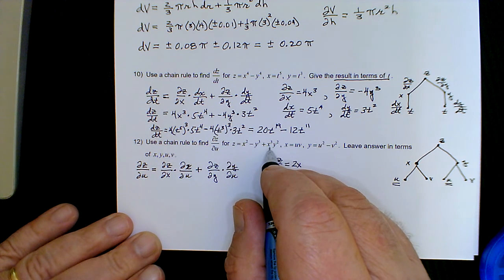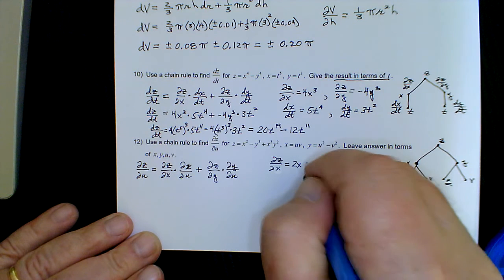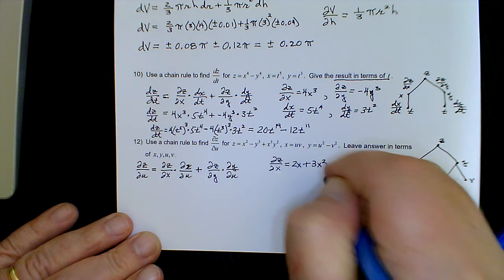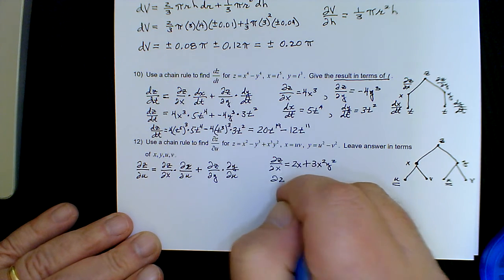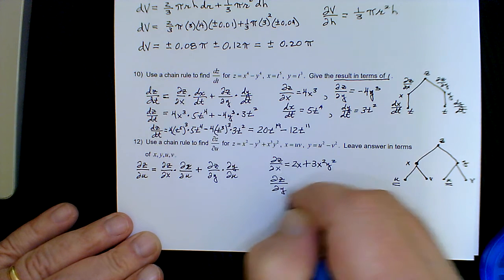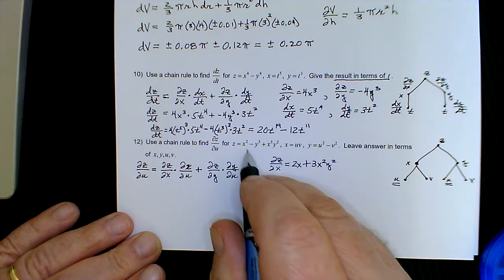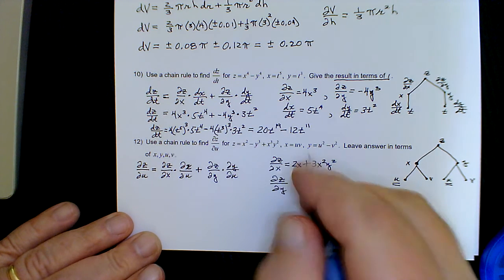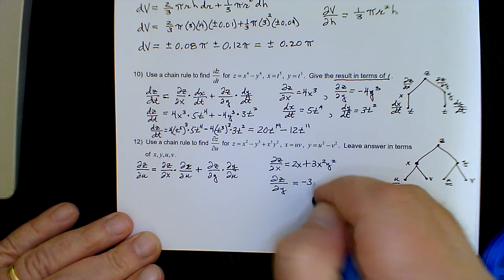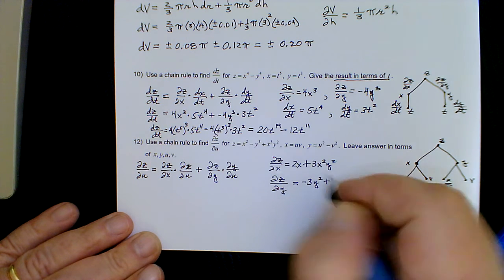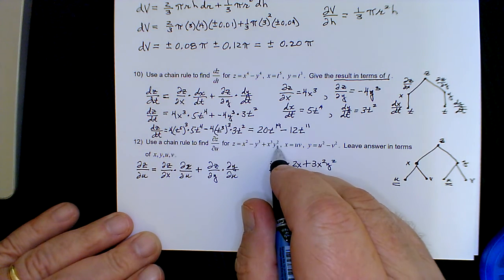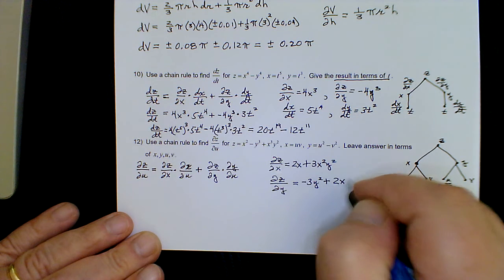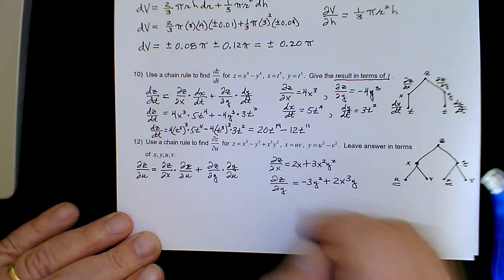Here the derivative of x cubed is 3x squared, and the y squared tags along, so plus 3x squared y squared. Okay, we need the partial of z with respect to y. Derivative of x squared 0, derivative of minus y cubed minus 3y squared, and then plus, now x is held as a constant, derivative of y squared 2y, so 2x cubed y.